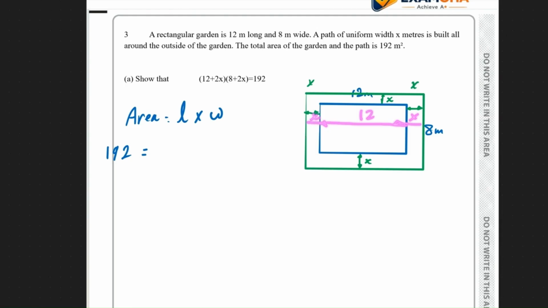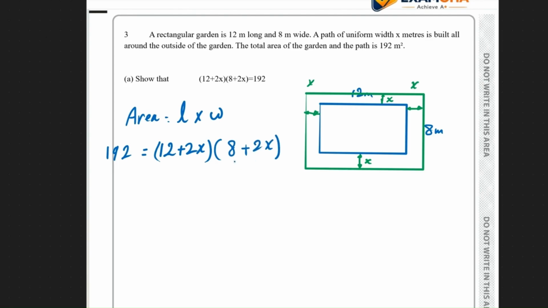So the length here is 12 plus 2x, times width. And what is the width here? The width here is this one 8, and x here, and there is x there as well. So x and x, 2x, plus 8, that makes the width 8 plus 2x.